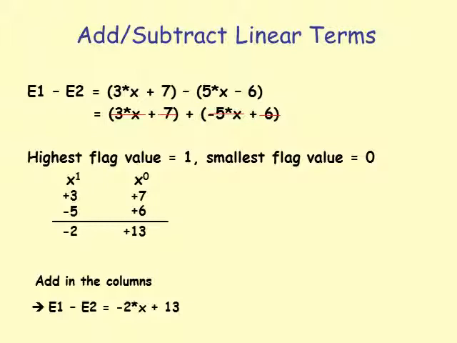That means E1 minus E2 is minus 2 times first power of x, which is the same thing as x, and 0th power of x is the same thing as 1. So 13 times 1 is 13. So E1 minus E2 is minus 2x plus 13.